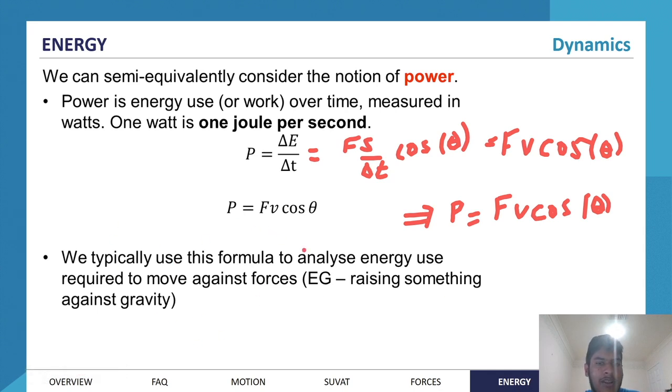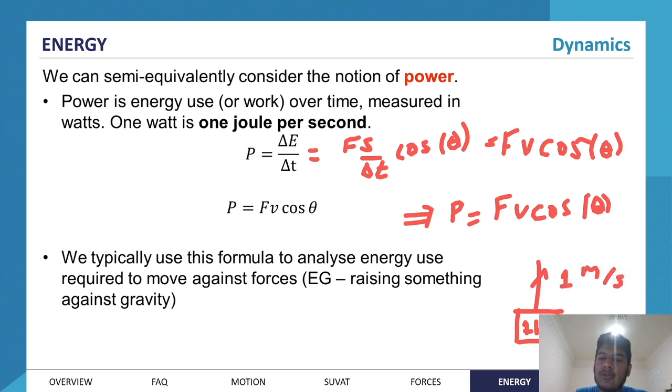So for example, if you use this formula for lifting something up with a rope, which is 1 kilogram heavy, the force due to gravity is about 10 newtons, or 9.8 newtons, and let's say we're lifting it up at 1 meter per second.